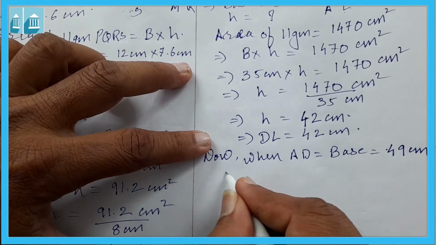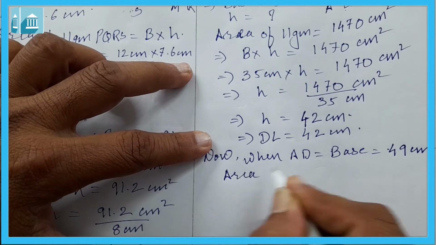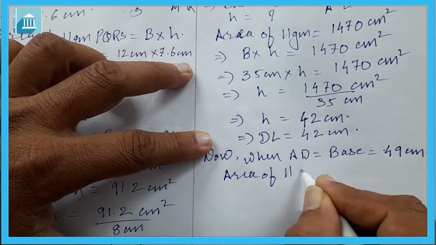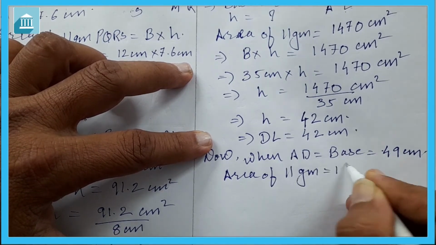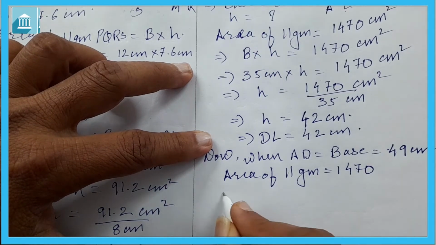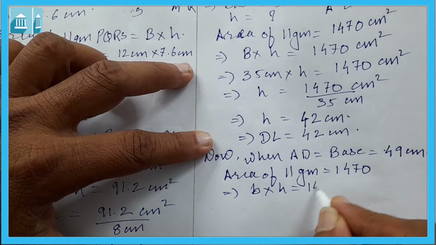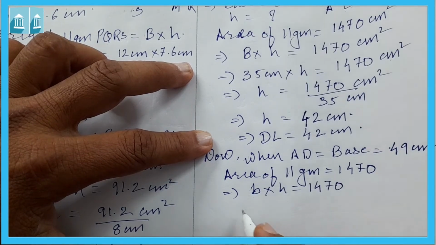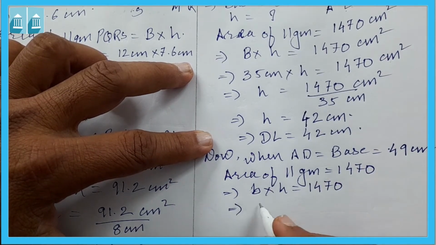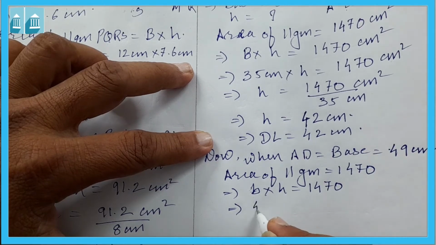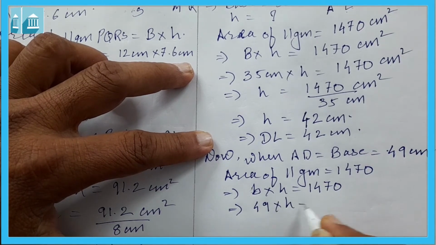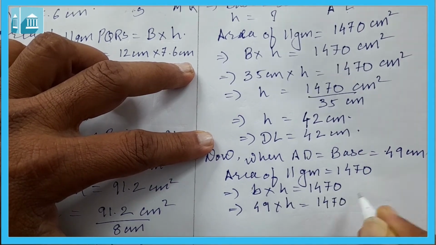The area of the parallelogram will remain the same, that is 1470. Area of parallelogram is equal to base into height, so 49 into height is equal to 1470.